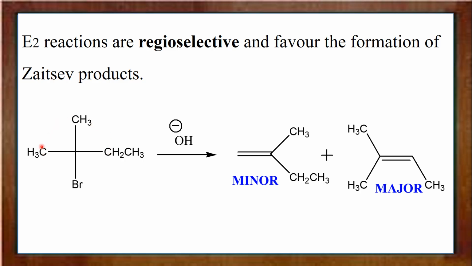There are 3 beta carbon atoms, and all 3 have hydrogens connected to them. But the hydroxide base removes a proton from the more substituted carbon, resulting in the formation of the more substituted alkene as the major product, and this is called the Zaitsev product.